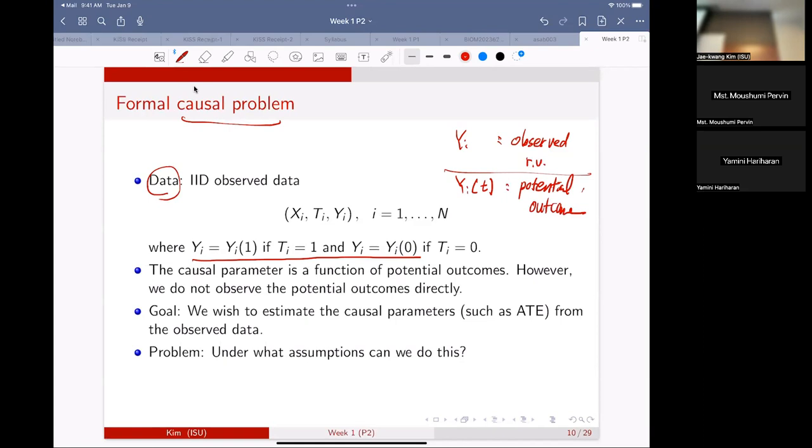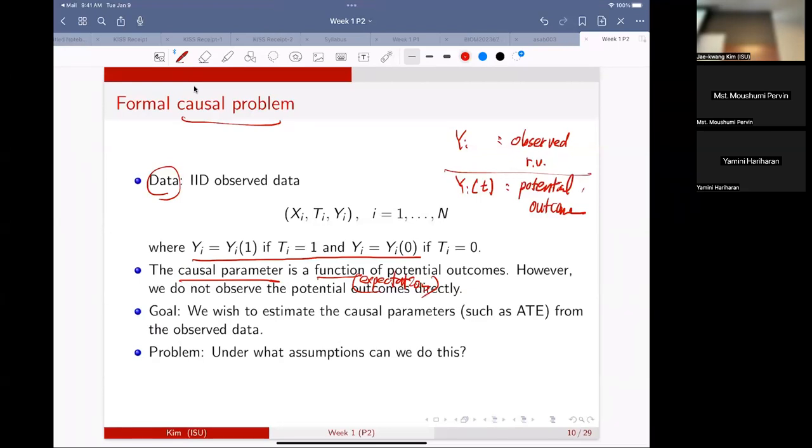So the causal parameter, the parameter that we are interested in for causal inference, is a function of potential outcomes. Function means some expectation, for example. It's defined using potential outcome random variables. However, we do not observe the potential outcomes directly. So the goal is to estimate the causal parameter, such as the average treatment effect, from the observed data.